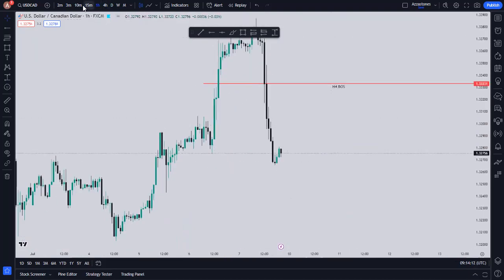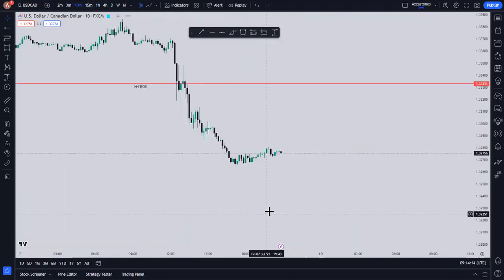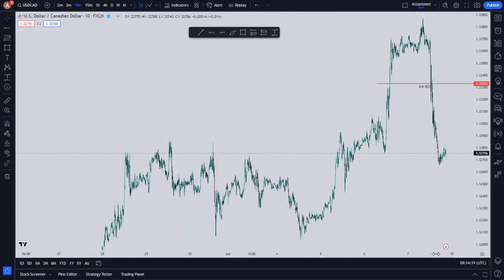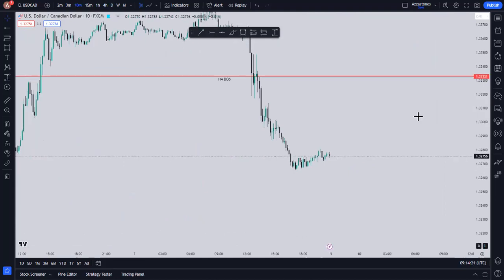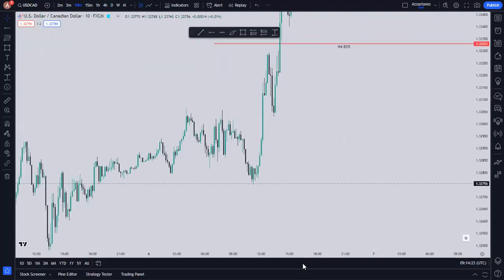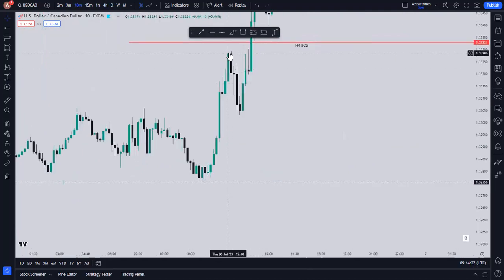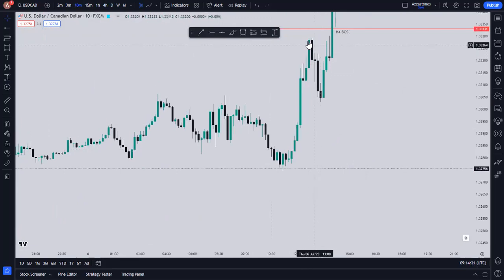That being said, we have to go to the 10 minutes time frame to find the 10 minutes invalidation point. I mean, to find the 10 minutes break of trend. If you come here, this is high, this was low, but we cannot consider this because the price came to close the week.